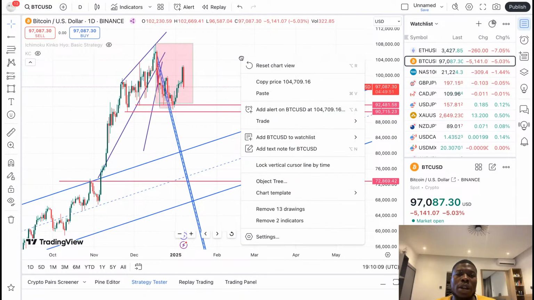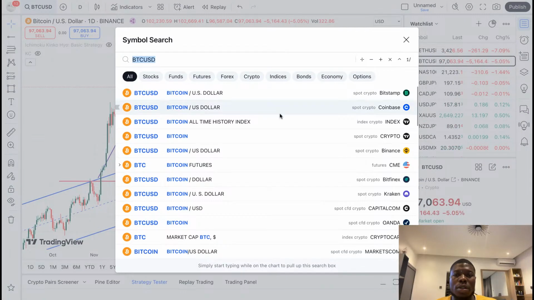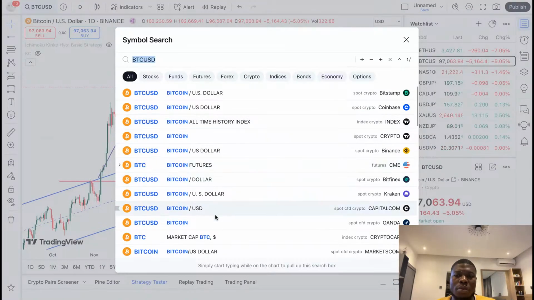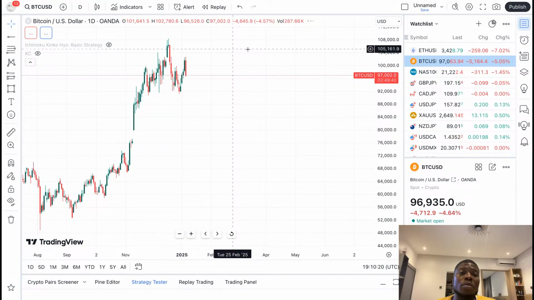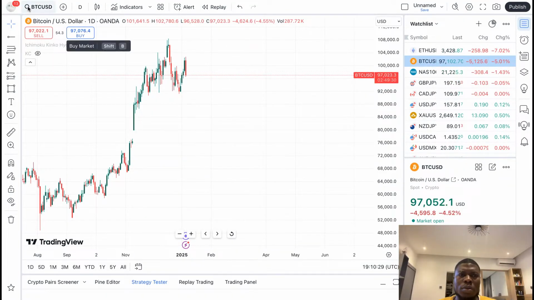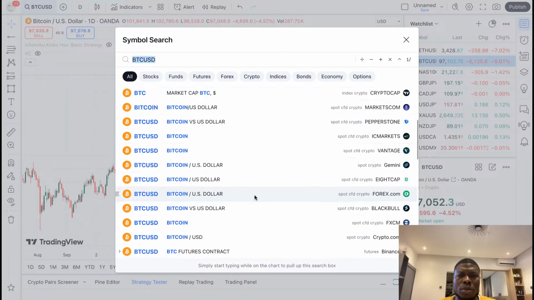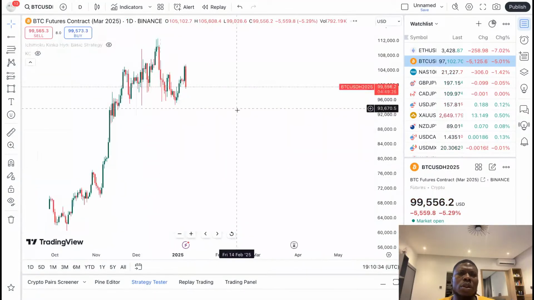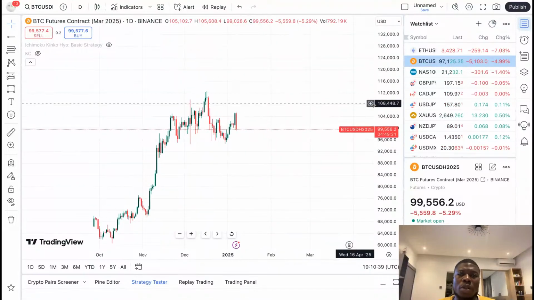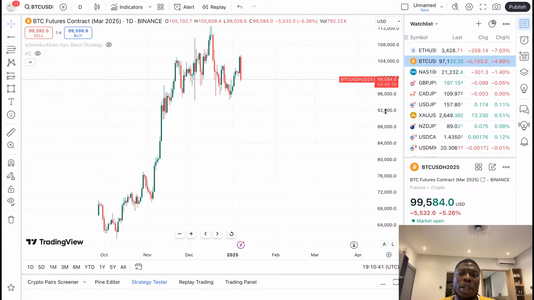Okay, I need to use the one that has a clearer swing. So this is Bitcoin on 1 day.